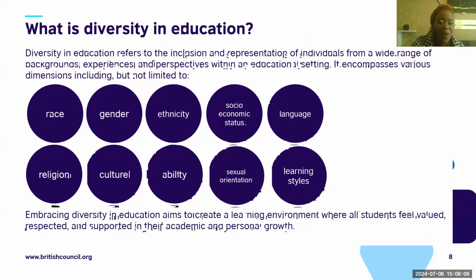Right, so now, what is diversity in education? Diversity in education refers to the inclusion and representation of individuals from a wide range of backgrounds, their experiences, and their perspectives within the education setting. It encompasses various dimensions. It can be race.